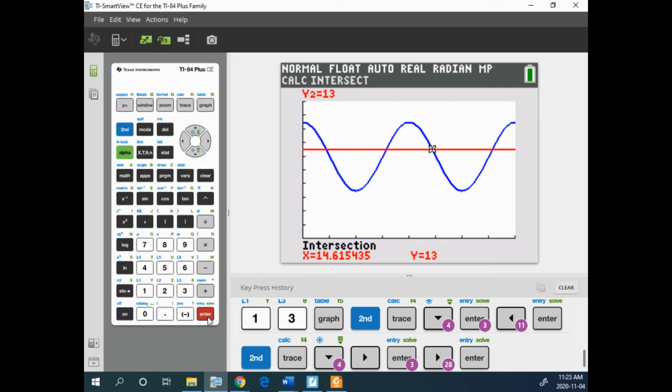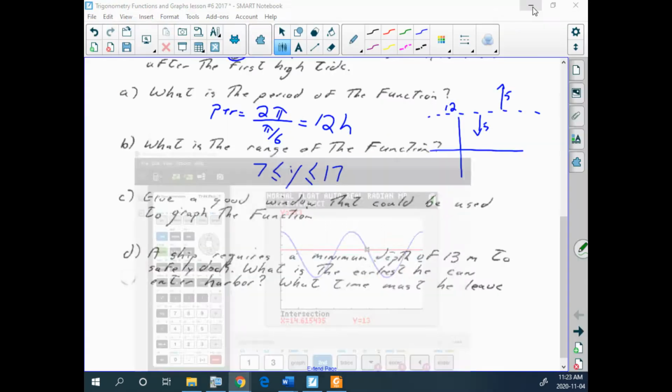Yep. Why couldn't you enter it 2.6.5? Yeah. If this represents when the water is below 13, so if he's in the harbor, he's got to leave by then. Not in the harbor, he can only come in during this time when it's above that 13 meters. Okay, thank you. 9.38, 14.6.